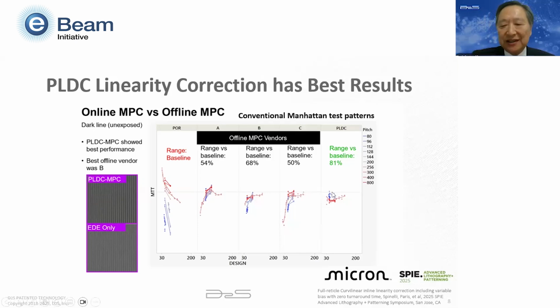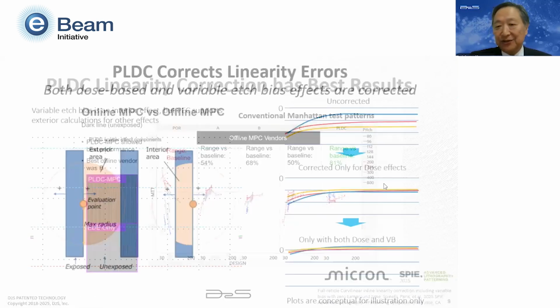What you want to see is a mean to target, MTT is mean to target, of 0 across the board. So, straight line would be great. PLDC isn't quite there, right? But it's much better than others. And it's way, way better than not doing anything. And all of that in 0 turnaround time. And so these are for Manhattan test patterns.